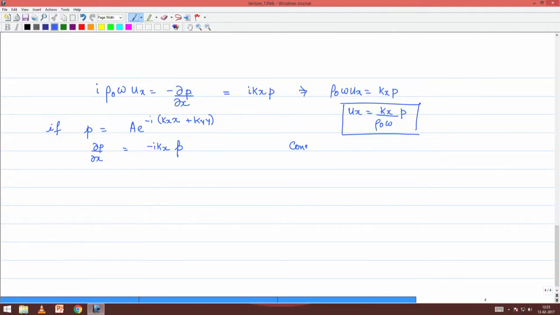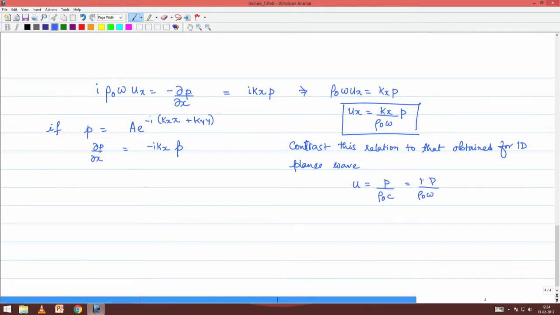If you contrast this relation with that obtained for the 1D plane wave, if you recall, the relation was u equals p by rho naught c, and rho naught c could be written as omega by k.